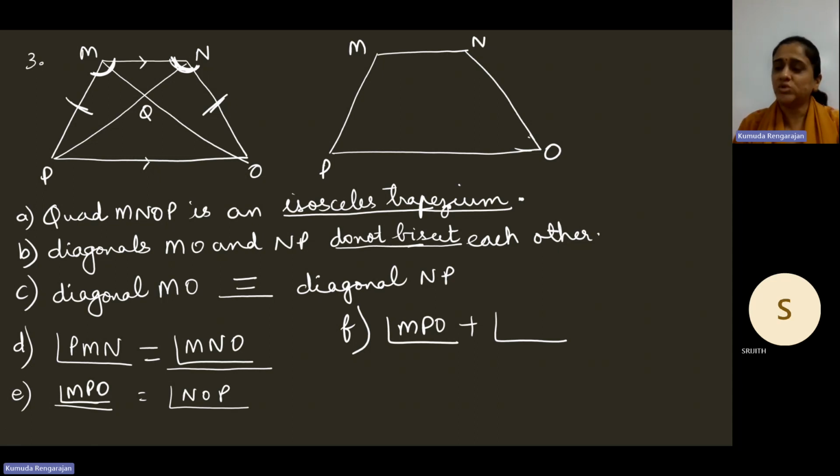Which are the parallel lines? Which is the transversal? Which C are you taking? PMN and which angle? Oh, these two angles.